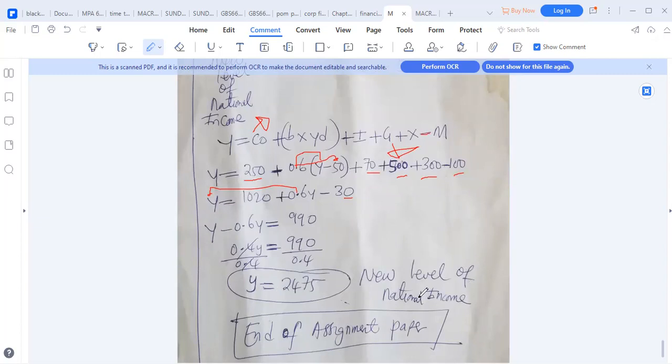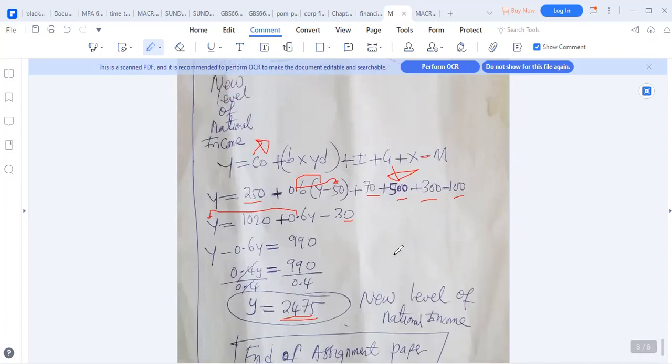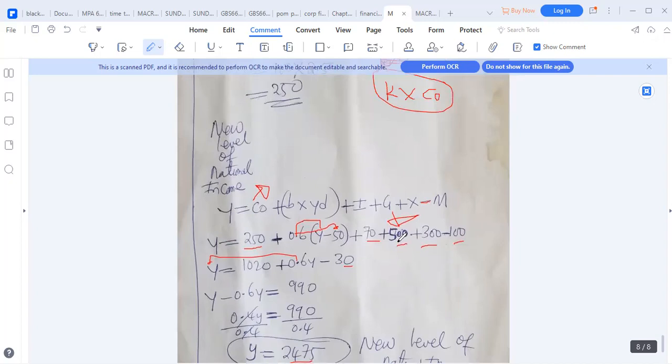That is the new level of national income. National income has risen to 2,475 because of the increase in government spending to 500.